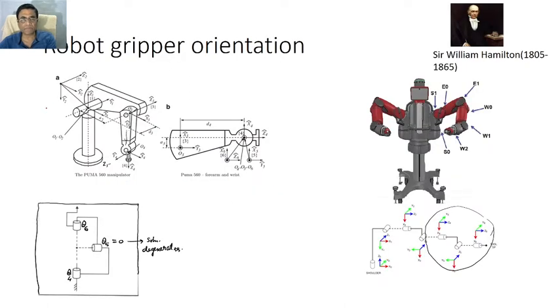And as I told you, robot gripper orientation is very much prone, or in some cases very much prone, to gimbal lock because of the construction itself. Three joint axes are intersecting at a point to follow Piper's recommendation.